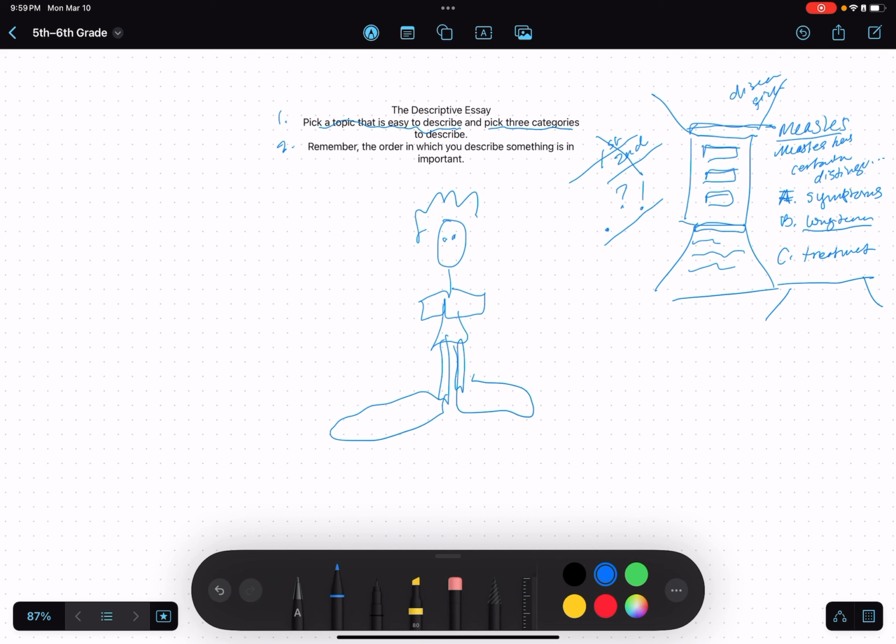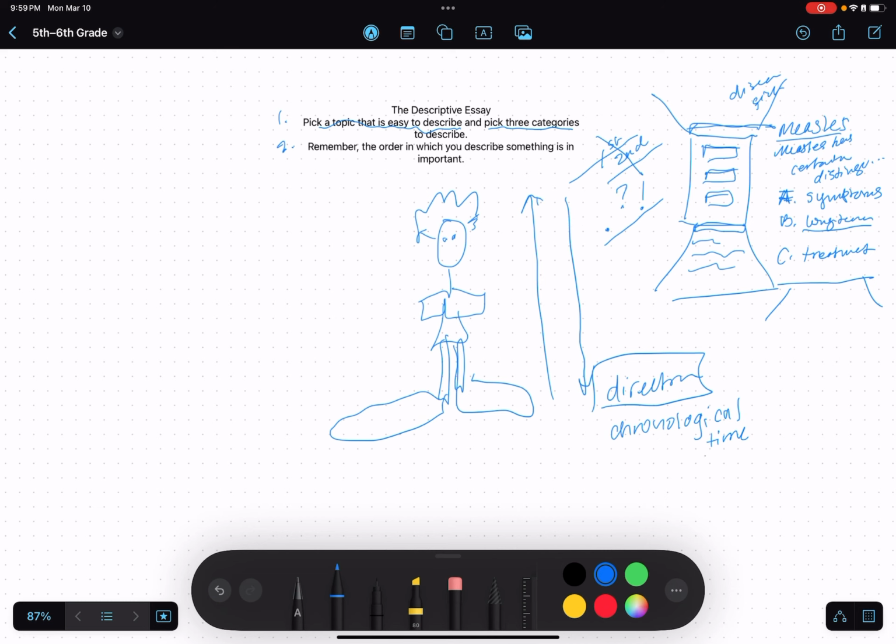No, you decide ahead of time the order, and you either do top down, you could do bottom to the top, you do directional, or if you're doing a physical description, or I like to use the example of a room, you could start in one corner and go around the room in order. If you're describing an event, always keep it chronological. That's a fancy word for saying always keep it in order, in the order it happened, in time order.